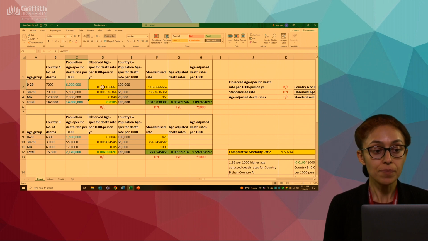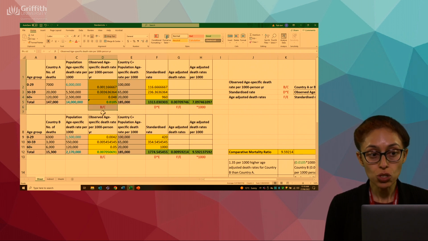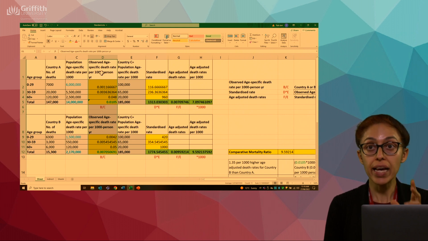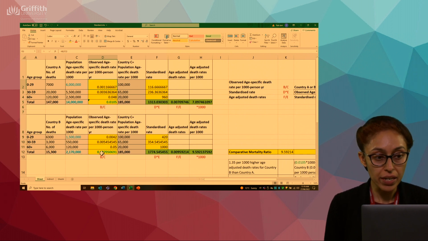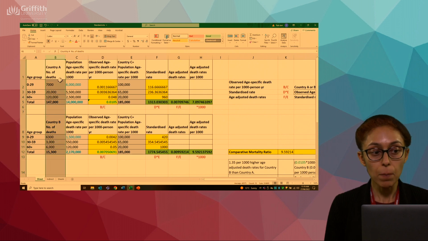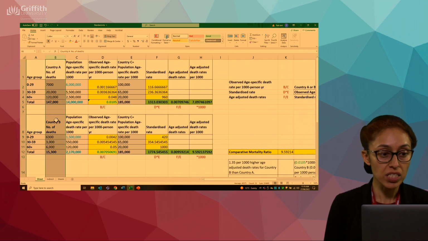Then you have this yellow color, which I have calculated, which is the observed age specific death rate per 1000 person years. This column D is my crude death rate. It is not adjusted for age or anything at the moment. Going back again, for country B this is the number of deaths in each age group.